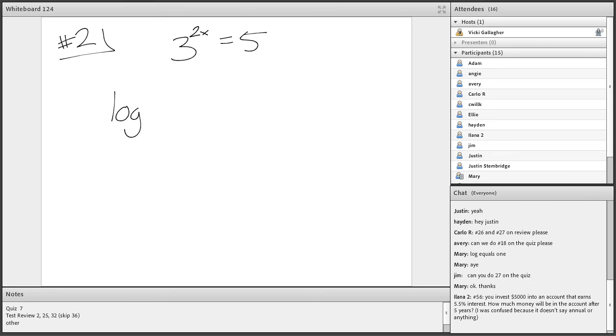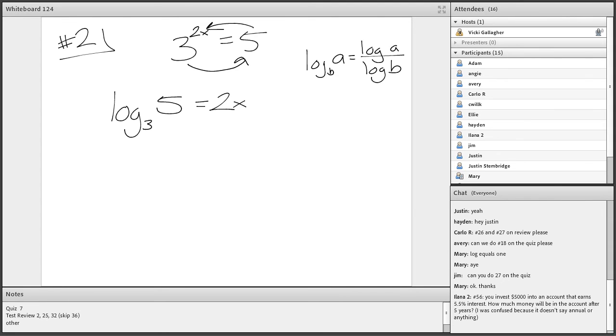So this one is log base 3 of 5 equals 2x. And then we do the change of base formula. The change of base formula says you can take a log of any base and you can make it into a log base 10, so you can actually use your calculator. So this will change into the log of 5 over the log of 3.